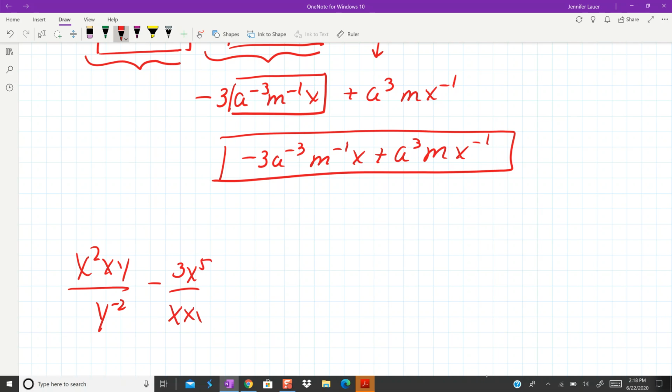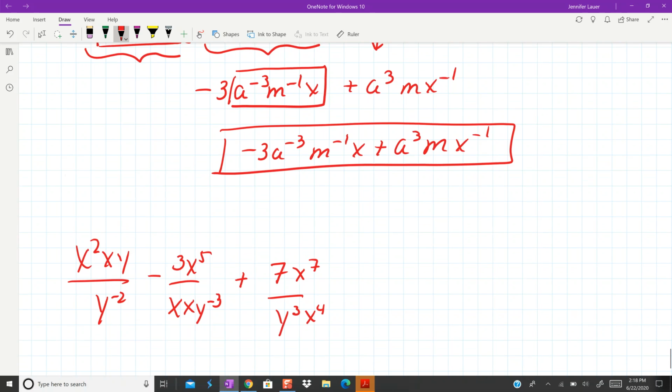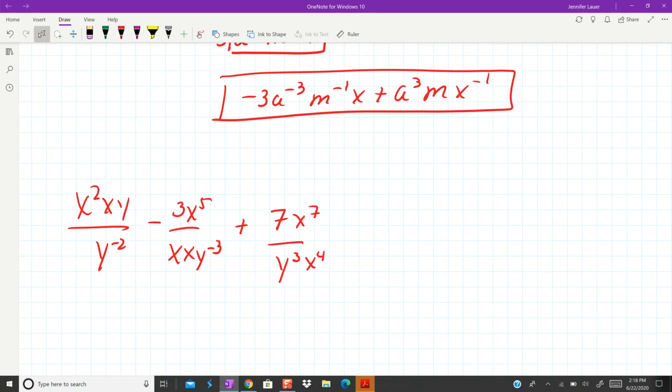Now what is happening here is you are not only bringing everything to the top, you're going to have to combine your x's and y's. But again, step 1, I'm just going to bring everything to the top. Notice this comes to the top, so it changes signs. That comes to the top, that comes to the top, that comes to the top. They all changed signs as they came up.